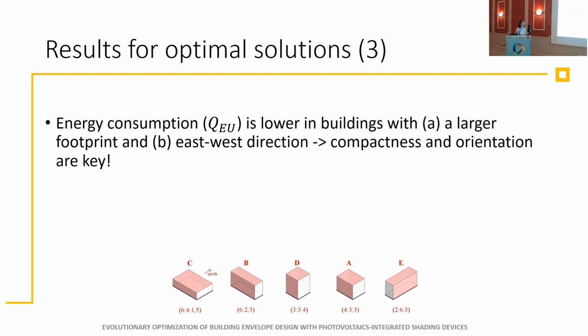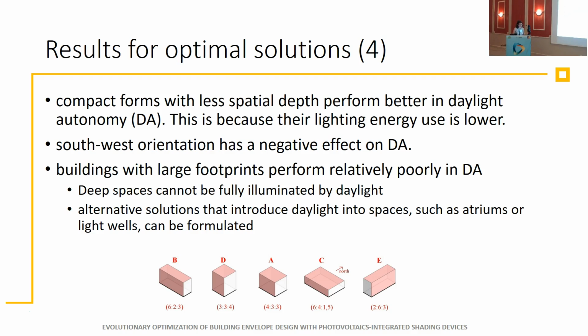And this is very curious because this completely justifies the rules of thumb of building design regarding building form of energy efficient buildings. And compact forms with less spatial depth perform better in daylight autonomy, and this is because their lighting energy use is lower.